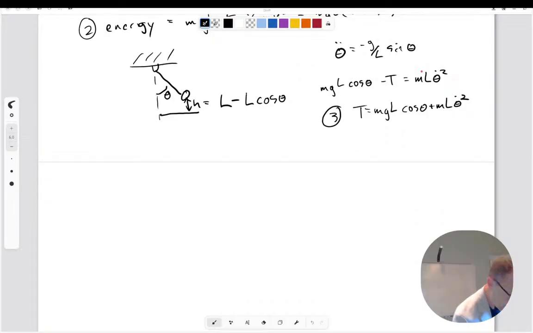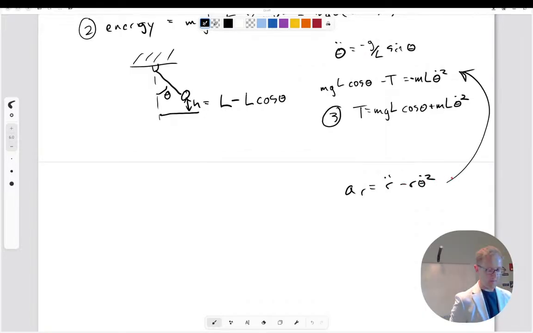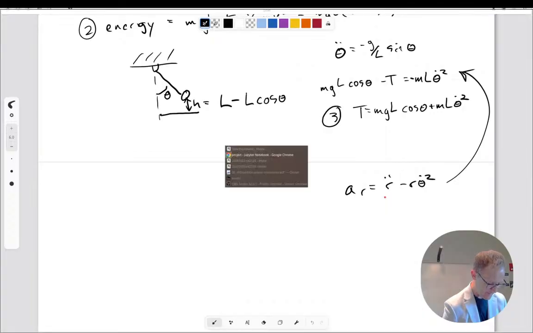Oh, I miswrote it. Because a_r is r double dot minus r theta dot squared, when I plug it in there, it should be a negative m. Yeah, so the T becomes positive, that one becomes positive. Good to check the math.